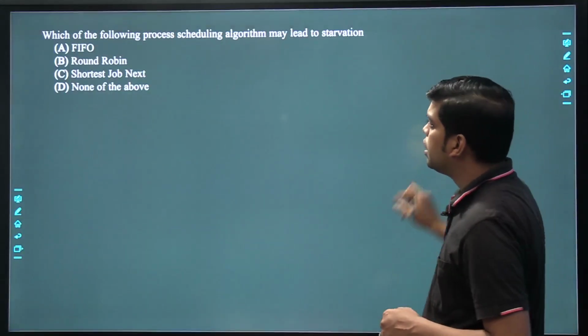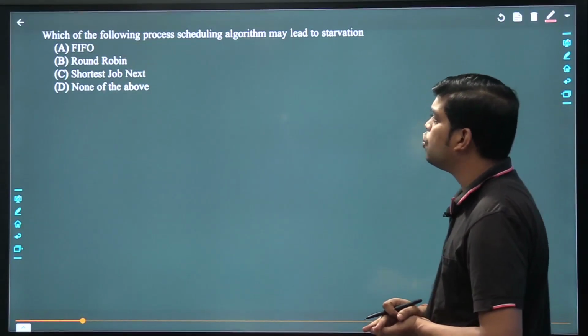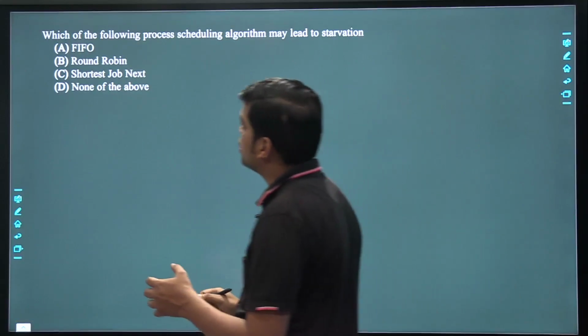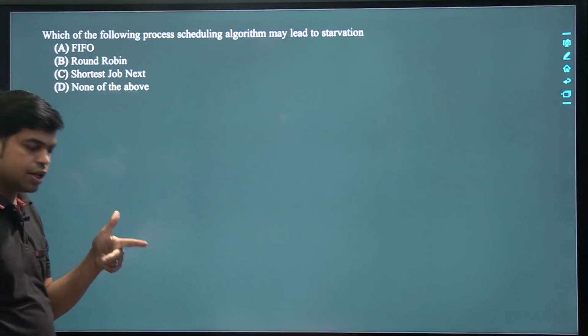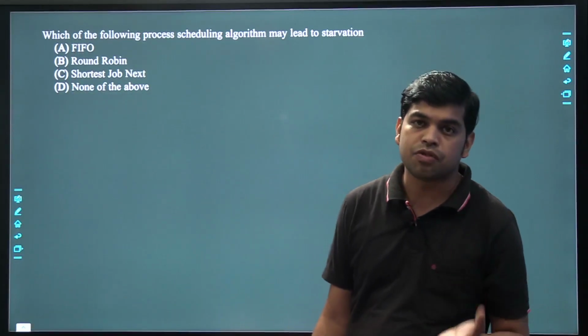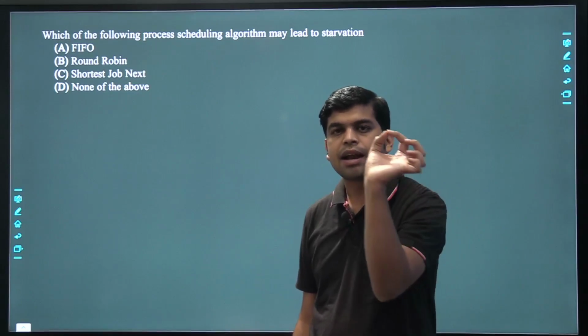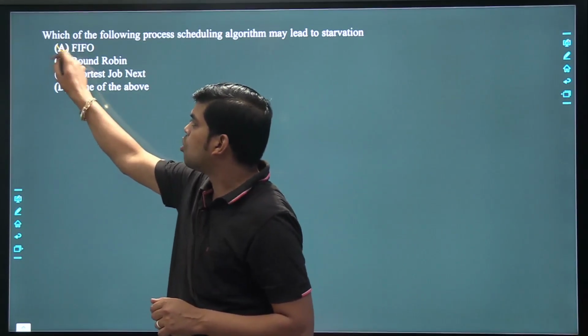Now the next question: which of the following process scheduling algorithms may lead to starvation? The first is FIFO. Definitely in FIFO it is not correct, because it is first in first out, so there is no possibility of starvation, because any process that arrives first executes first. So infinite wait is not possible.